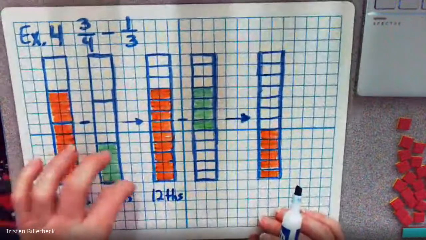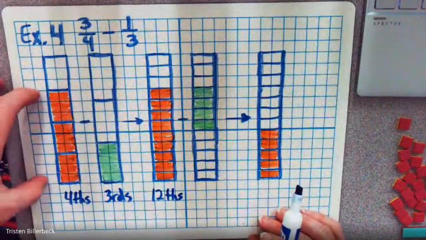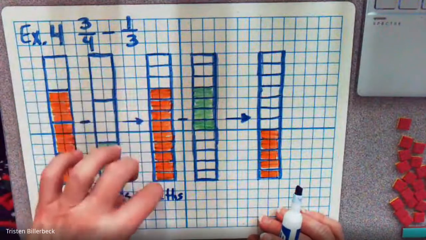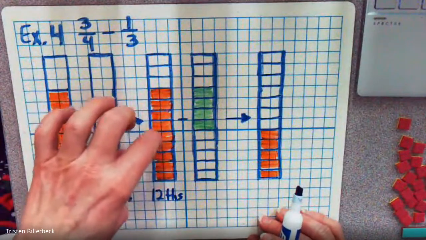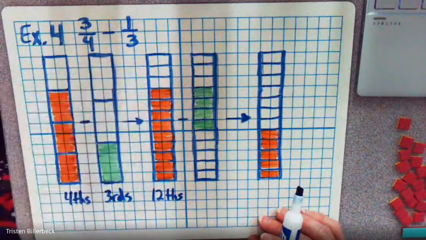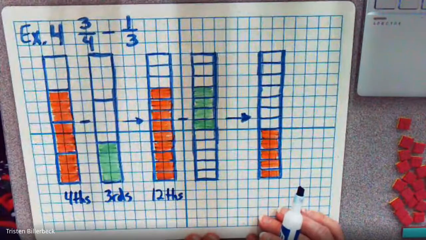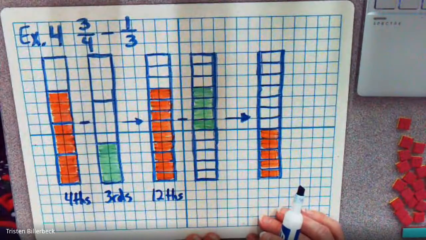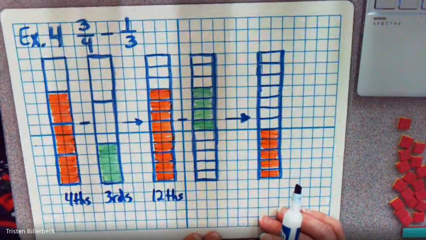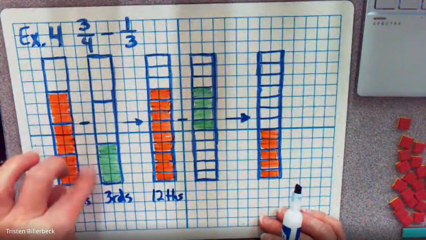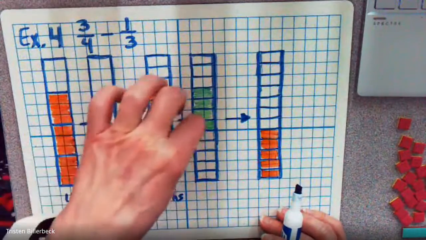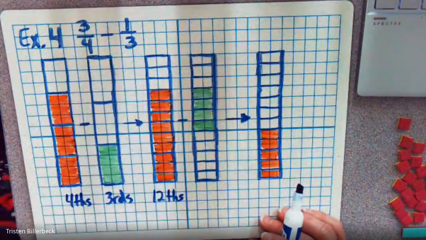So I see that, oh, okay, so my 3/4 will fit with 1, 2, 3, 4, 5, 6, 7, 8, 9 12ths. Okay, so 9 12ths is 3/4. And then I have my 1/3 is 1, 2, 3, 4 12ths.